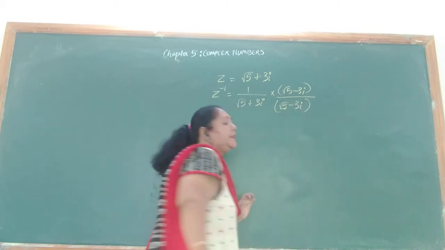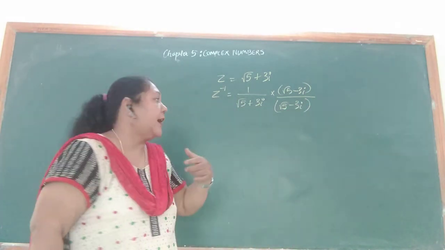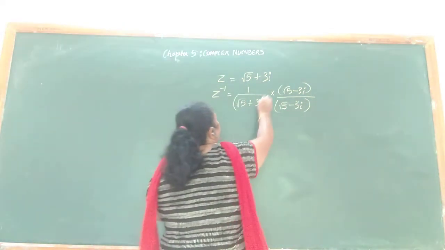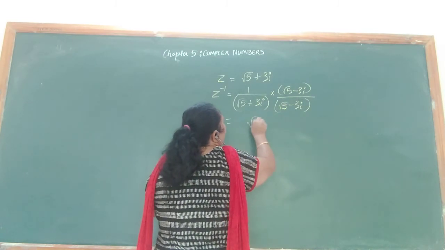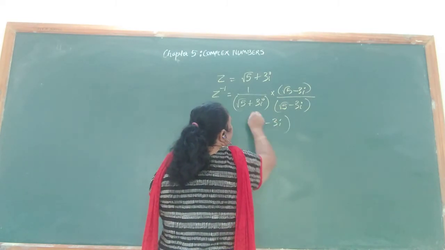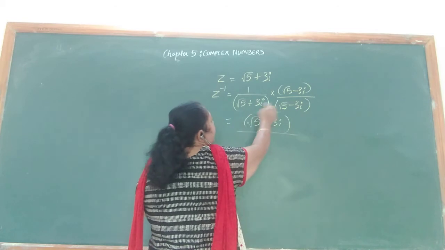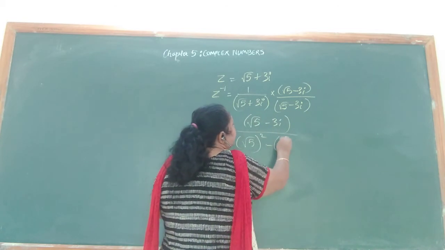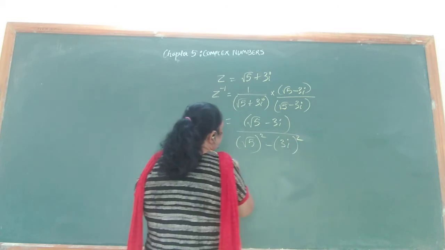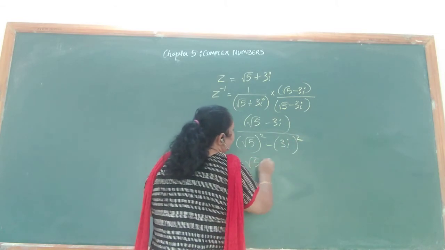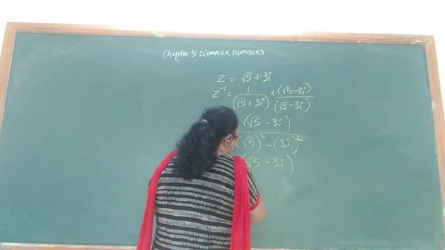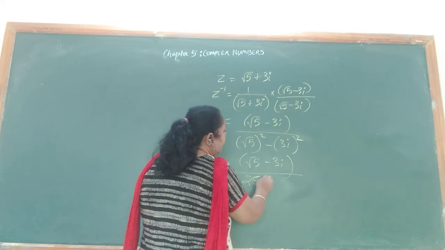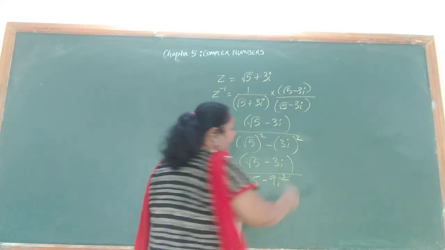So it is root 5 minus 3i, you multiply and divide, and then I have root 5 minus 3i upon, it is a plus b, a minus b, so it is a square minus b square, and therefore it is root 5 minus 3i upon 25 minus 9i square.